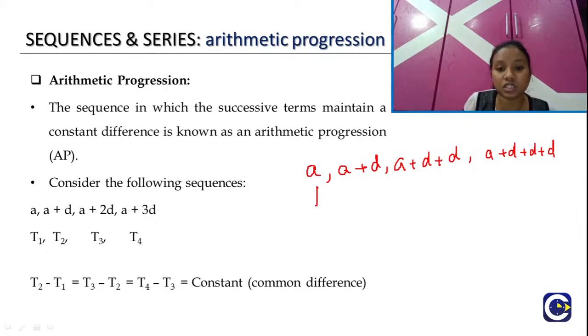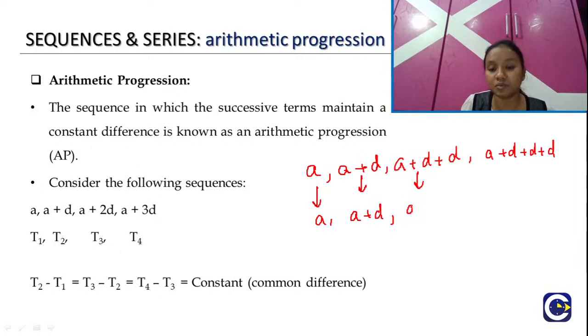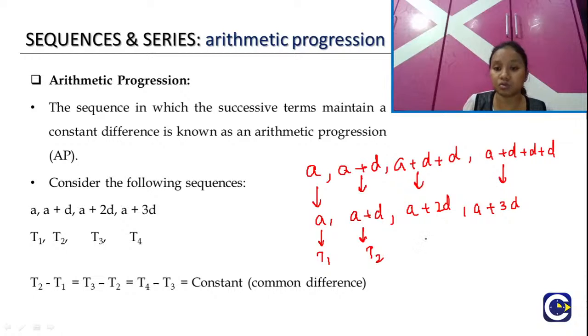That means the first term is a, the second term is a plus d, the third term is a plus 2d, the fourth term is a plus 3d. The first term is denoted by t1, the second term by t2, the third term by t3 and the fourth term by t4, right?